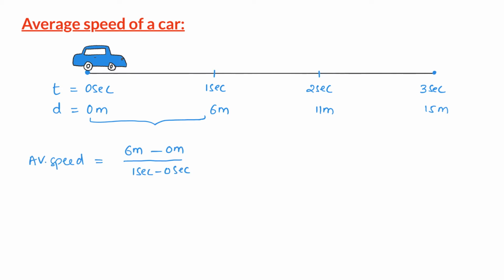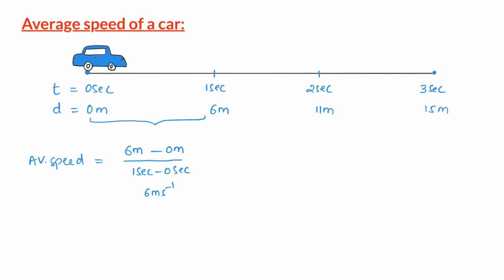The average speed is equal to the distance traveled by the car at 1 second minus distance traveled at 0 second divided by the time interval difference, that is 1 second minus 0 second. If we plug in the values, we get 6 meters minus 0 meters divided by 1 second minus 0 second. So, the average speed of the car in the first 1 second interval is 6 meters per second.